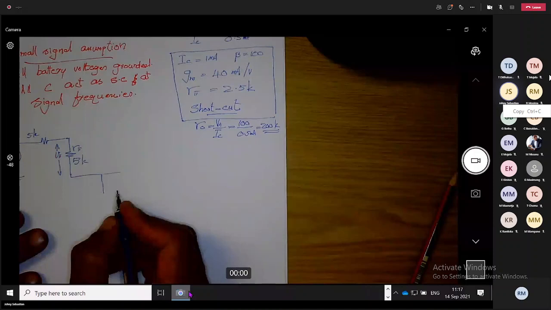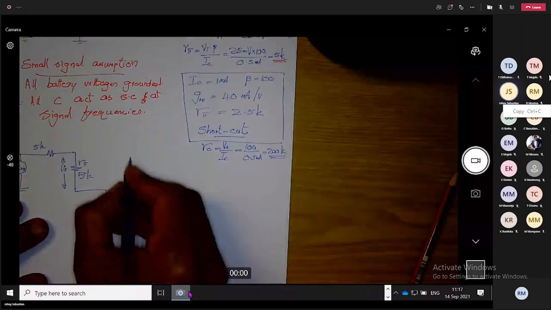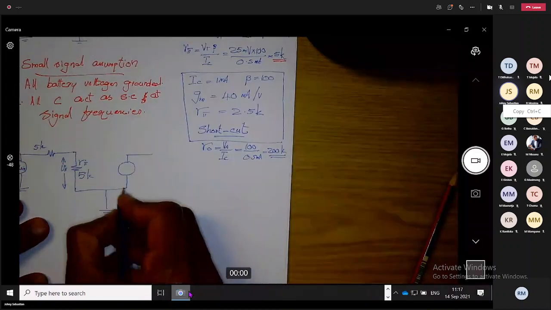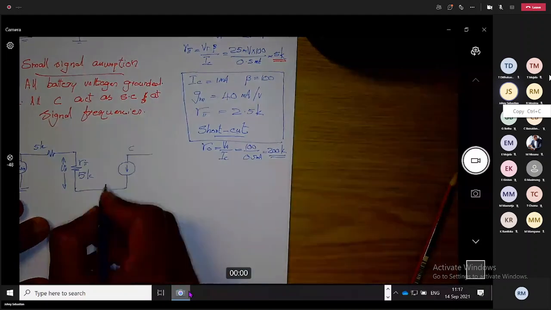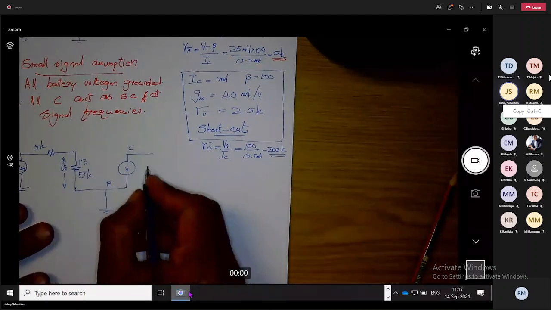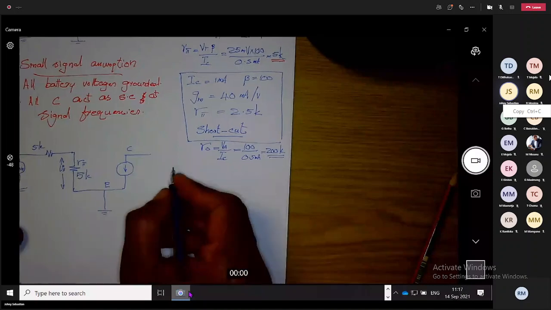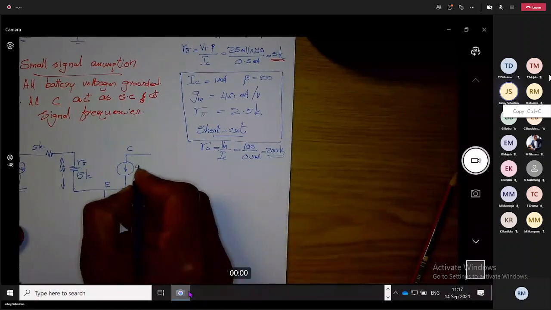There is your collector. Between collector and the emitter, there is a current. That is our small signal current, gm times VBE. We call it mostly gm times V pi.